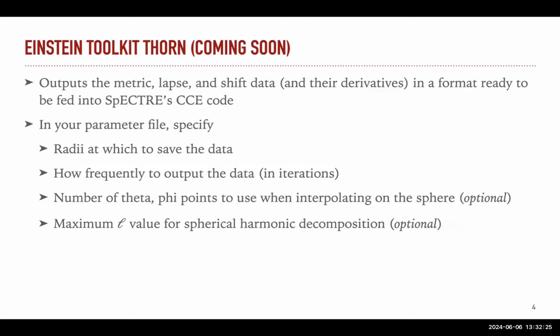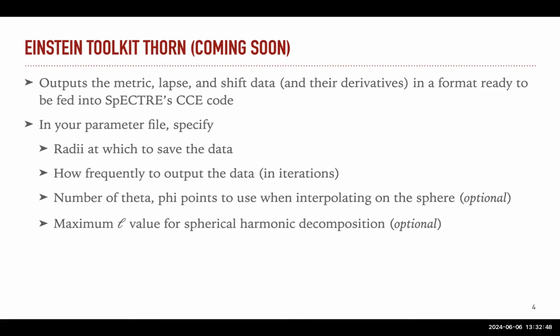All right, so Einstein Toolkit thorn coming soon. It's not there yet, but one day soon, hopefully this summer, we will have a thorn that outputs the metric, lapse, and shift data, as well as their derivatives, in a format that is already parsed and shaped to directly feed into SpECTRE CCE so that you don't have to do any additional post-processing.